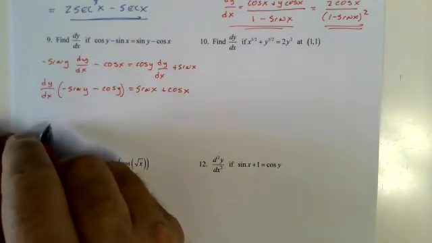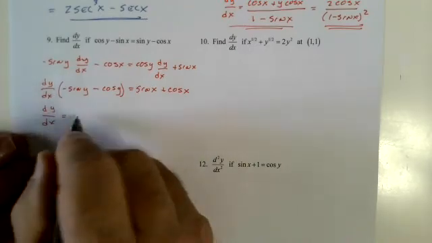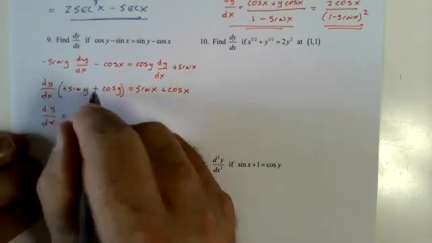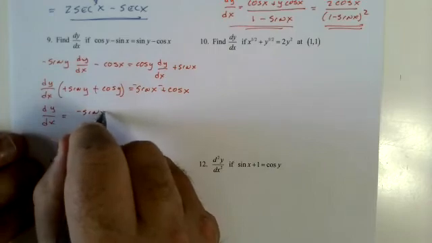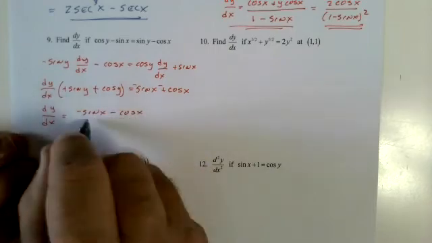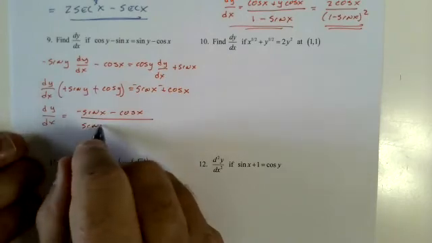Where am I going to put my negatives? Yeah, who cares? dy/dx equals, I'll put it on top. I'll go boom, boom, boom, boom. Negative sine x minus cosine x over sine y, cosine y.